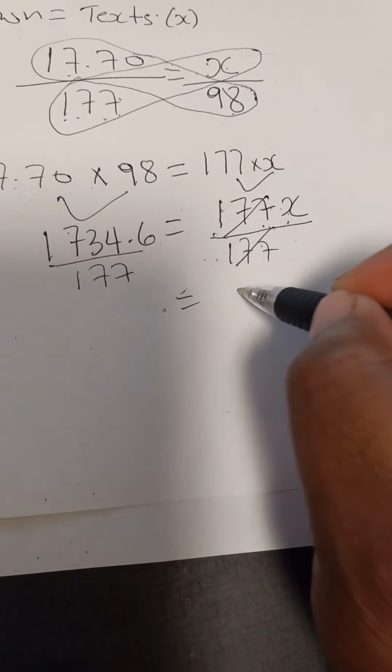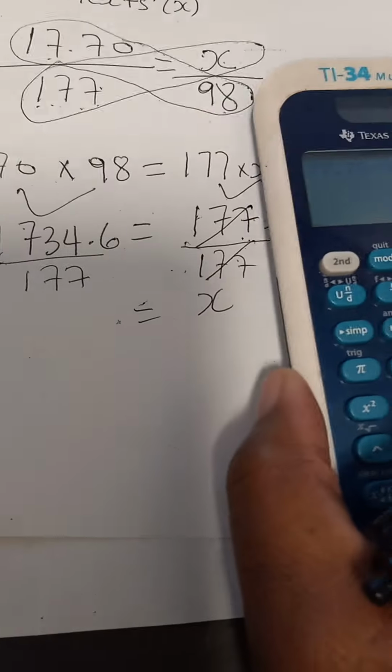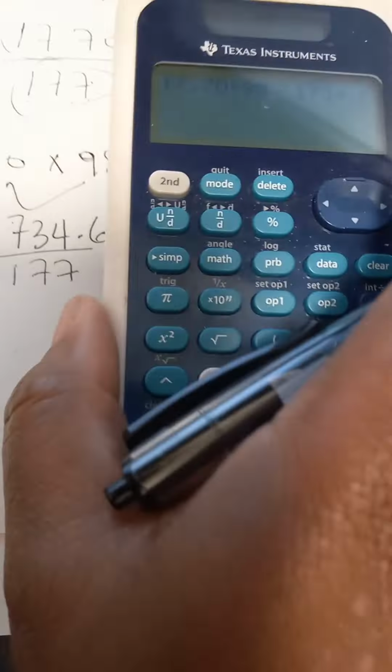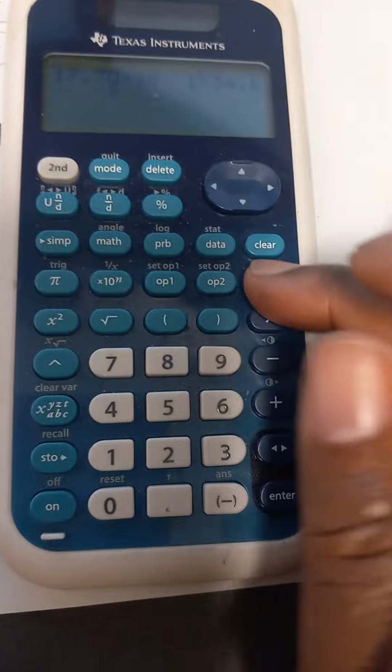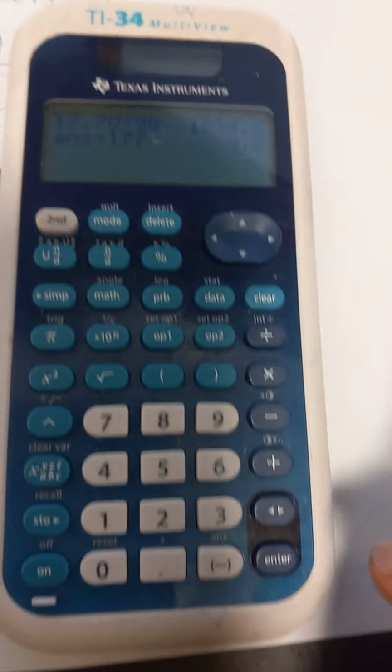This leaves us with x is equal to 1,734.6 divided by 177, and that's going to be equal to 9.8.